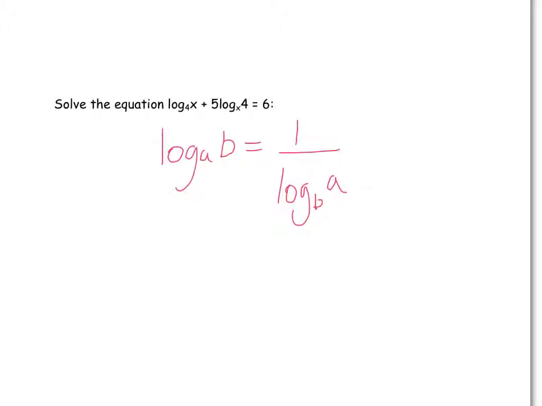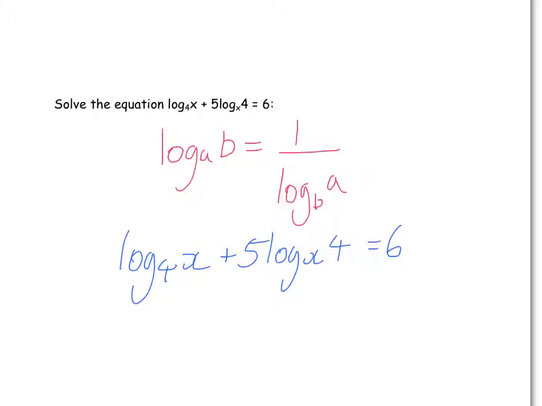So now we look at our question, which is log to the base 4 of x plus 5 log to the base x of 4 is equal to 6. As I said, we've got two different bases here. Now, the easiest one to change in this question is this one, so we're going to make it log to the base 4 of x.